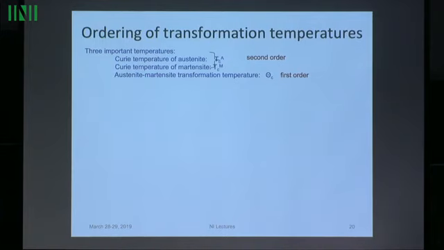There are three important transformation temperatures in a way, because if you just have a ferromagnetic material with no phase transformation, you reduce the temperature. There'll be a certain temperature, which I'm calling TCA, at which it becomes ferromagnetic. That's a second order phase transformation, so there's no jump of the lattice parameters at that transformation.